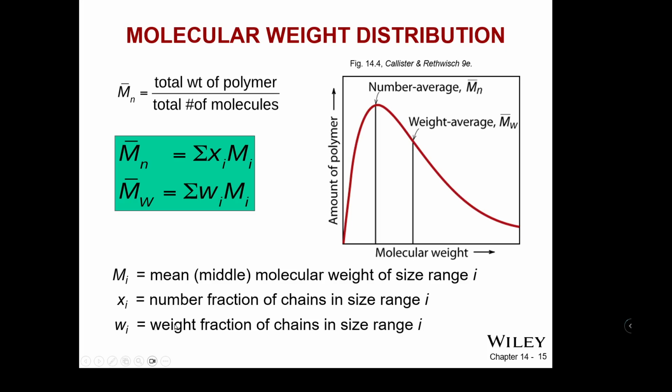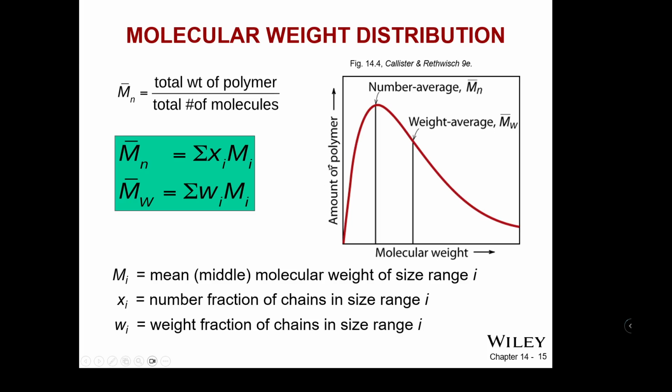So this is a weight fraction, this is a number fraction, and a weight fraction is a little bit easier to measure. A number fraction requires you to know some different information. And by number, the number average is going to be higher. The weighted average is going to be lower because it's going to factor all of it into the curve.